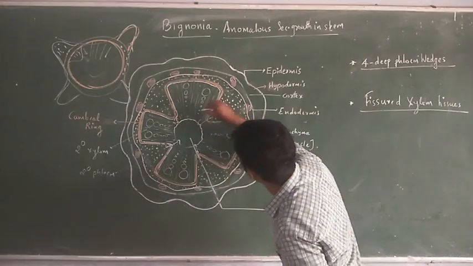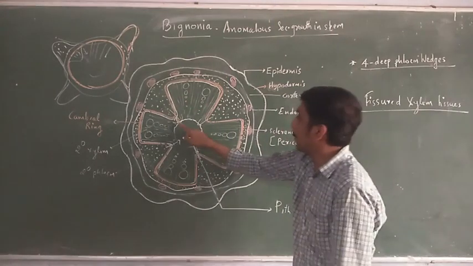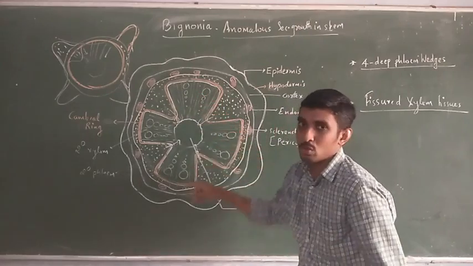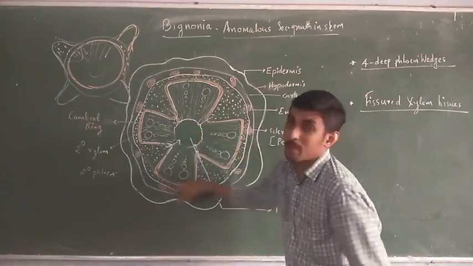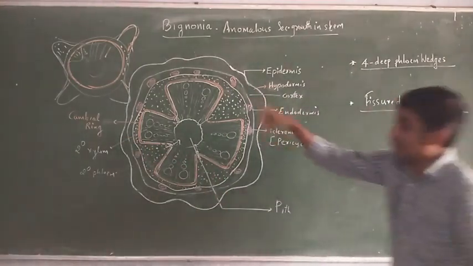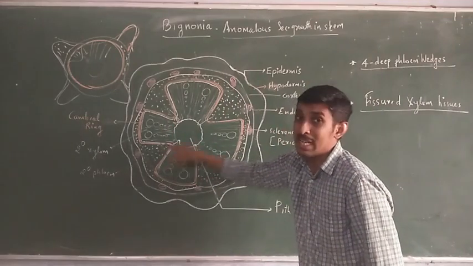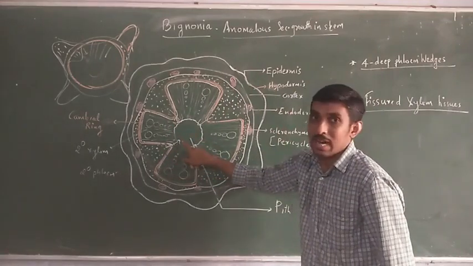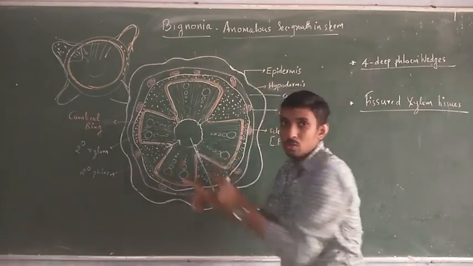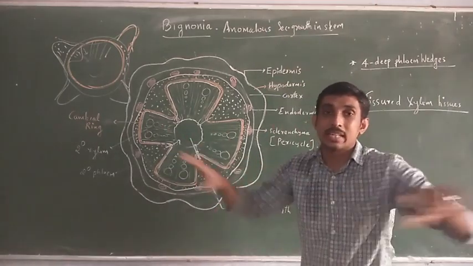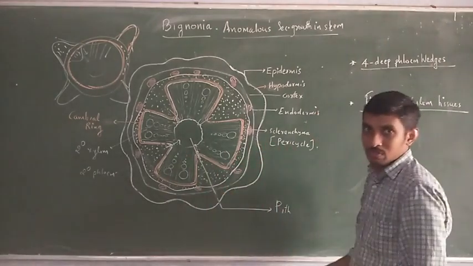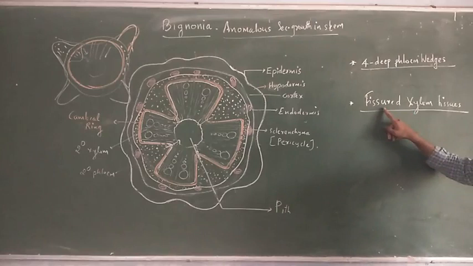If all these secondary phloem meet at the pith region, then automatically the continuous xylem tissue gets separated into 4 xylem tissues. 1, 2, 3, 4 xylem tissues get separated or move apart. So that separated xylem is called fissured xylem.